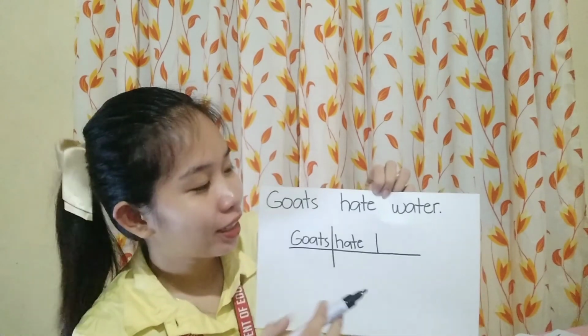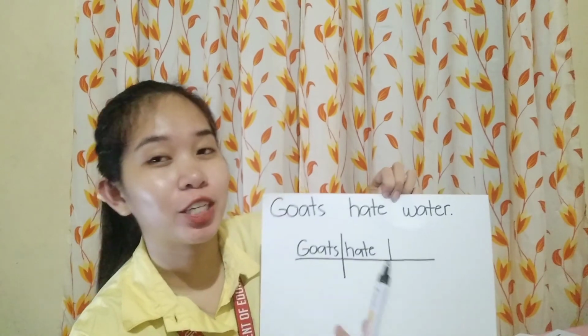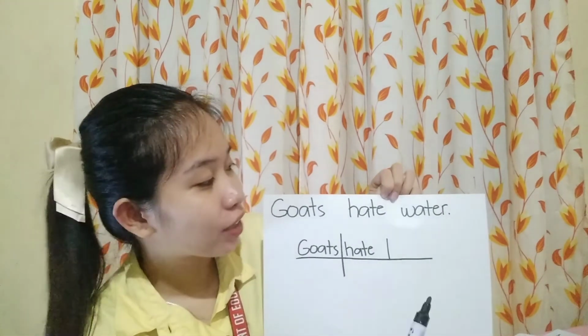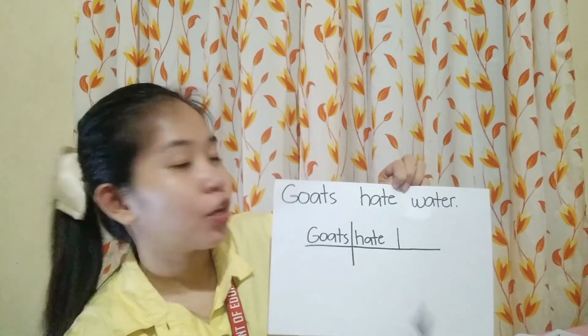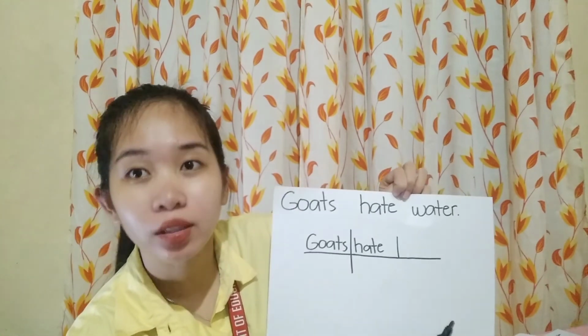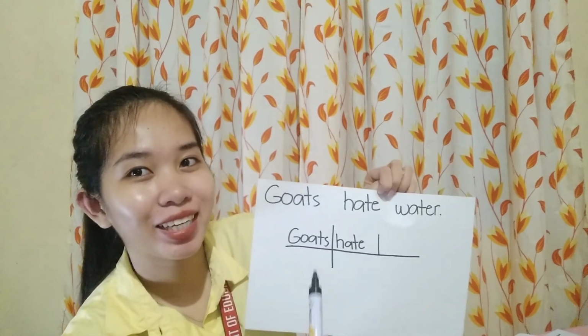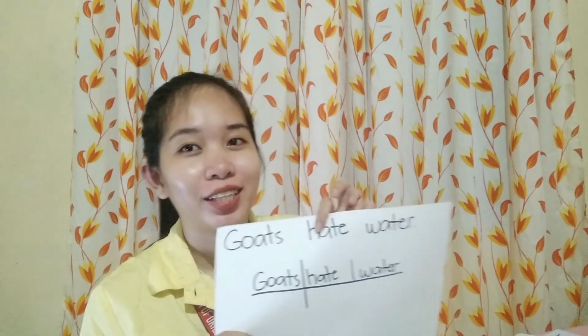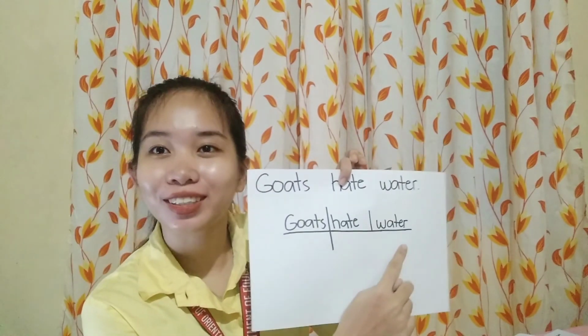Finally, we write our direct object, which is water. Water is the direct object because it answers the question, goats eat what? Water. This will be our final product. To read this, it will be goats eat water.